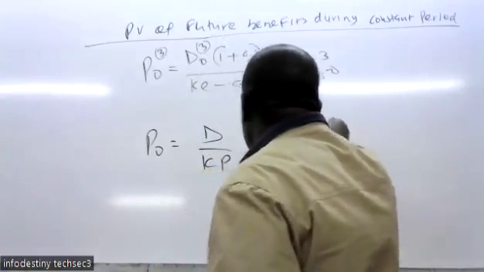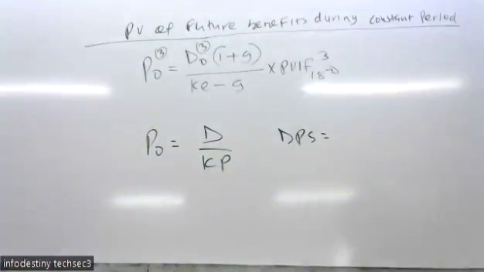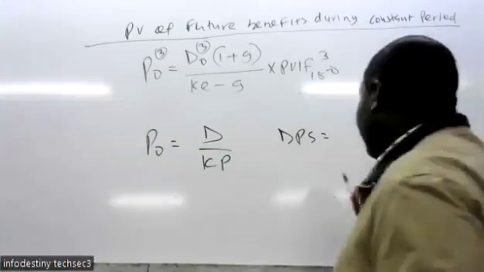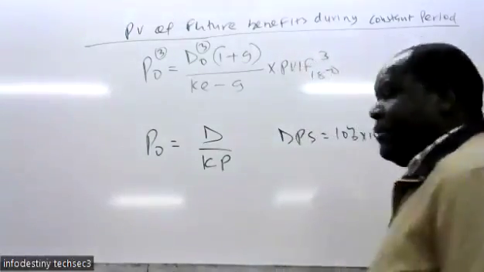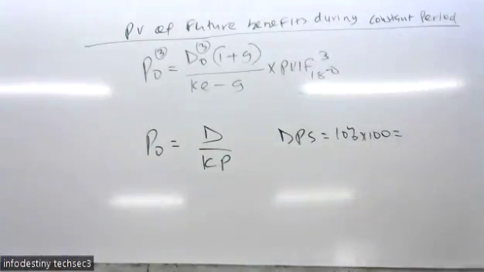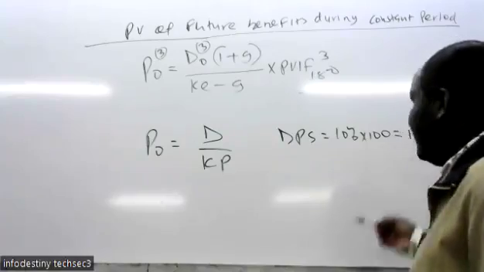Dividend per share is calculated on the par value, so we simply get 10% of the par value. The par value has been given as 100, so 10% of 100 gives us 10.